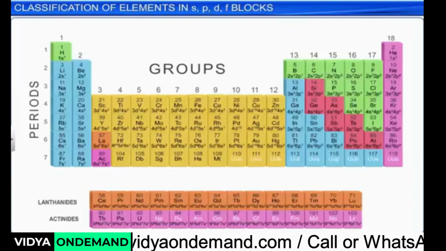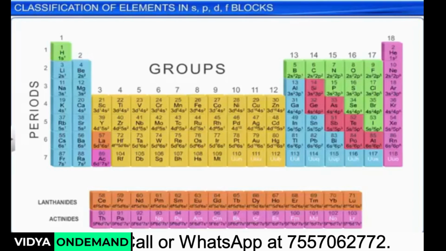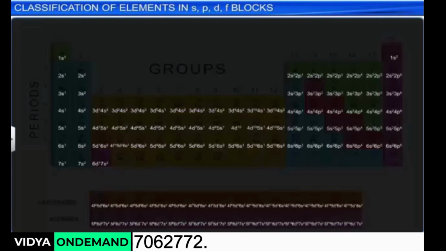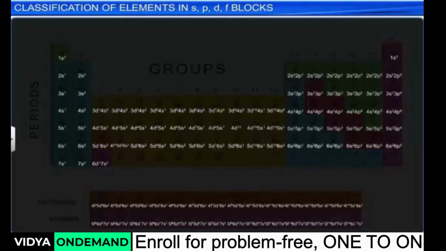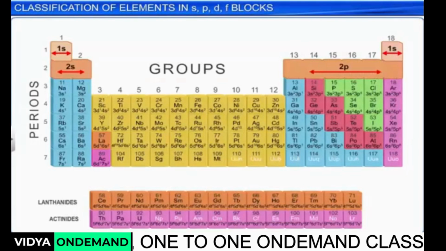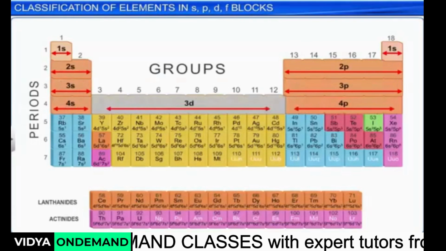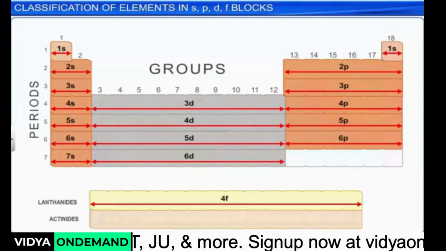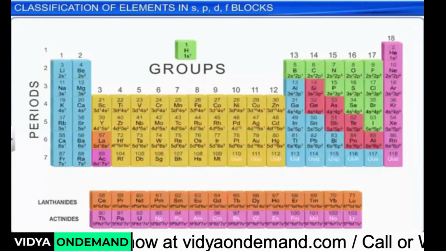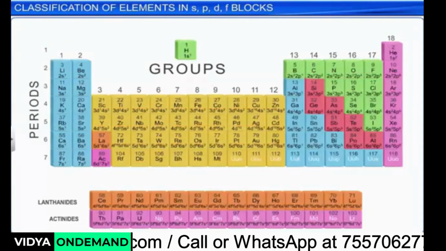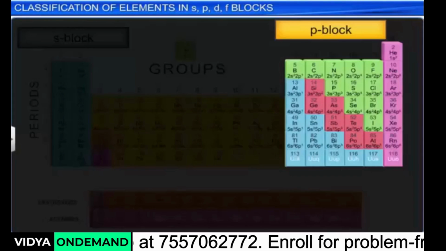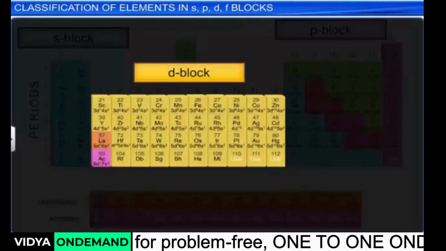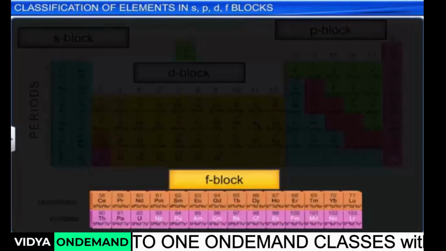We had studied that the position of an element in the periodic table is based on its valence shell electronic configuration, based on the type of atomic orbitals which receive the last electron or differentiating electron. These elements are categorized as s, p, d, and f block elements.